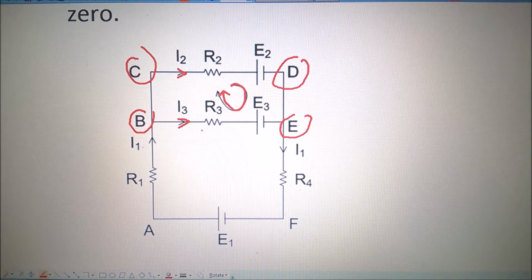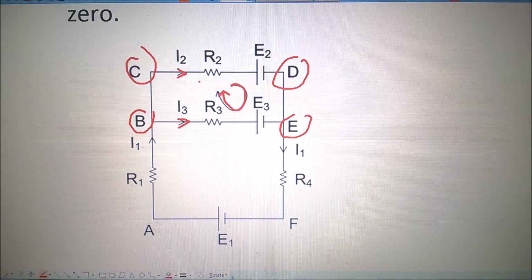Then you can see that if we come from C to D, there is a resistance. Now we'll be moving B, C, D, E, B, because we have chosen the clockwise direction in that path.